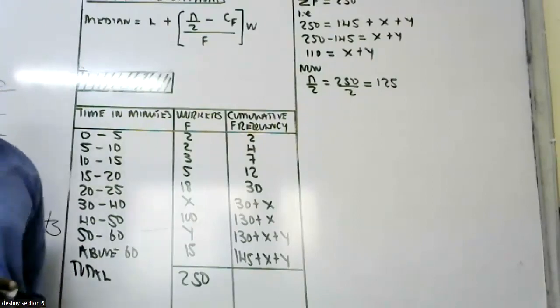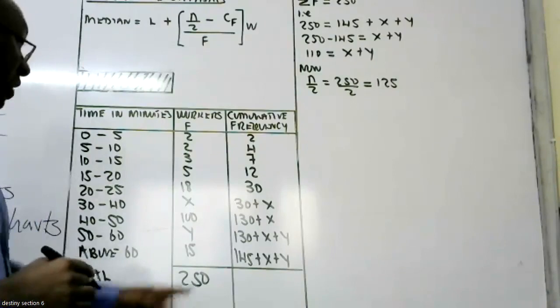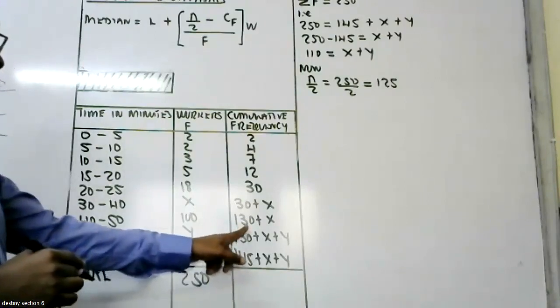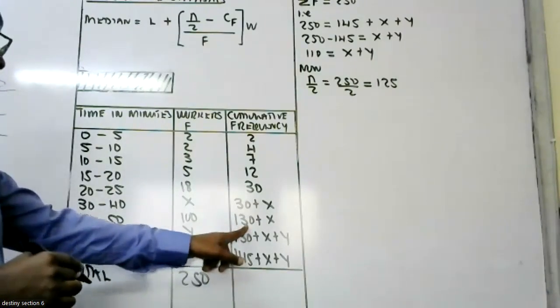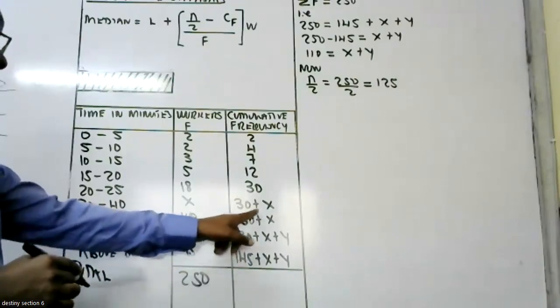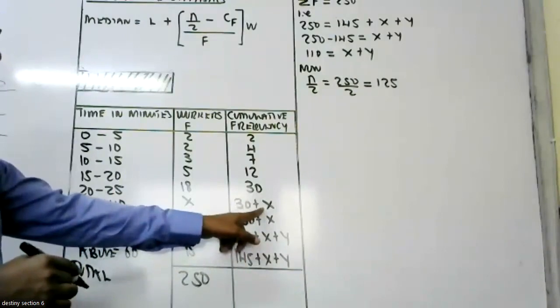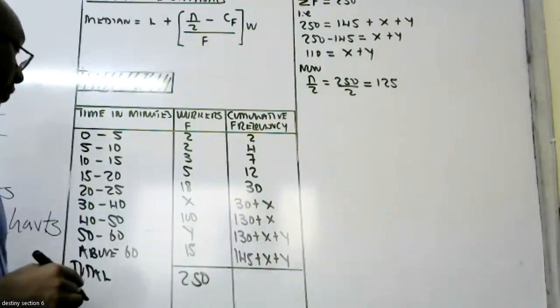We are not exactly able to tell whether the median class will be here because we do not know exactly what X is.